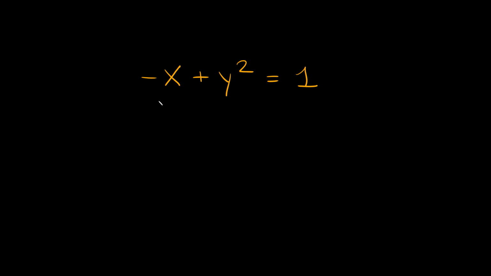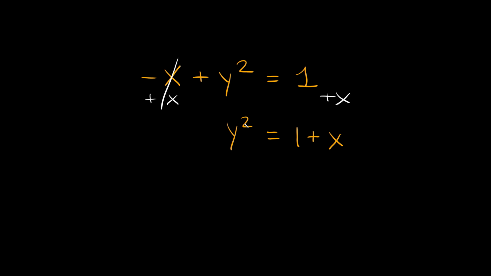All right, here's the next example that we're going to try. So this time we have negative x plus y squared is equal to 1. Okay, so again, we just want to solve for y. So the first thing we can do is get rid of this negative x by adding x to both sides, right? They did cancel out over here. So we're left with y squared is equal to 1 plus x.